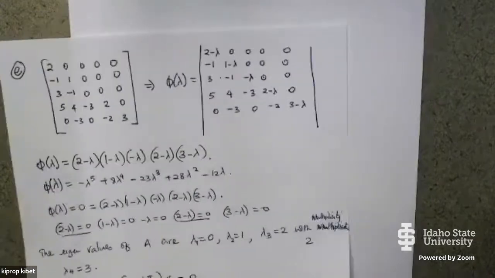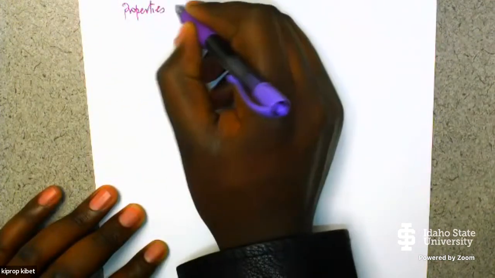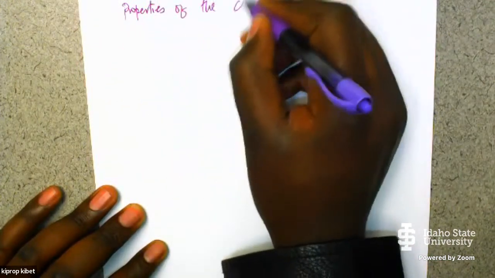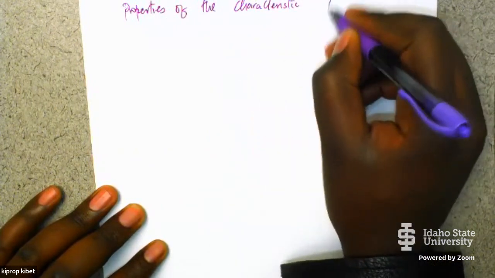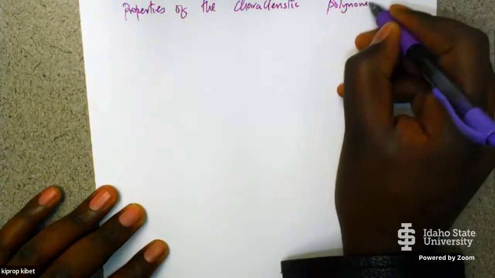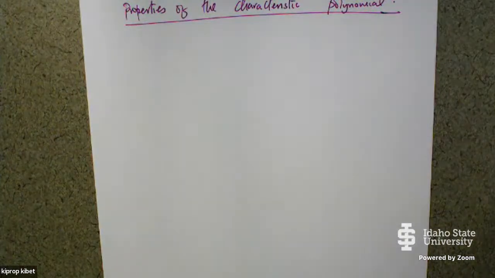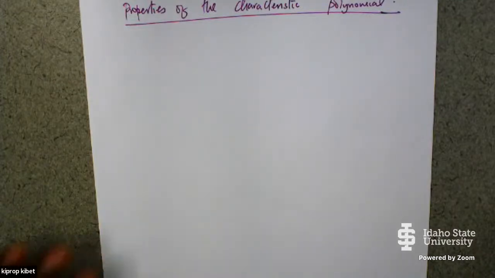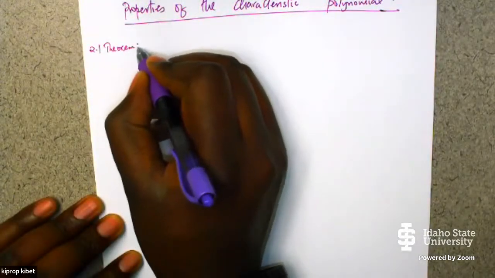So let's come to the properties of the characteristic polynomial. There is a very easy way of getting the determinant of a matrix using the characteristic polynomial. Let's look at theorem 2.1.